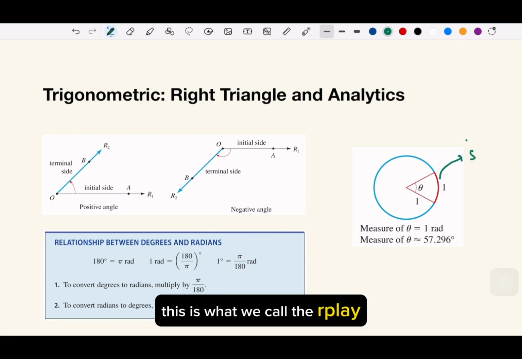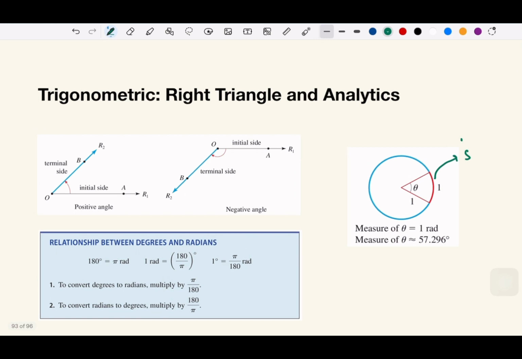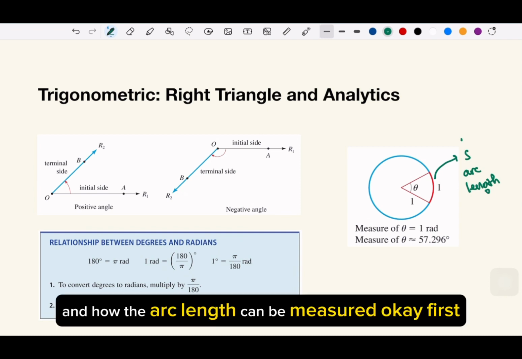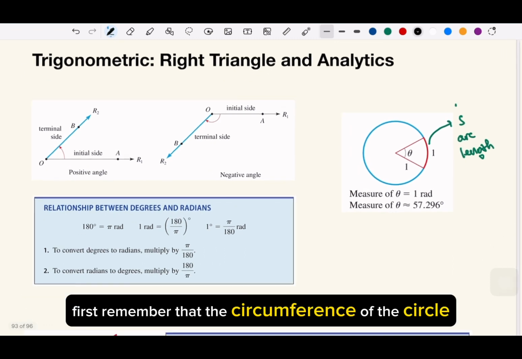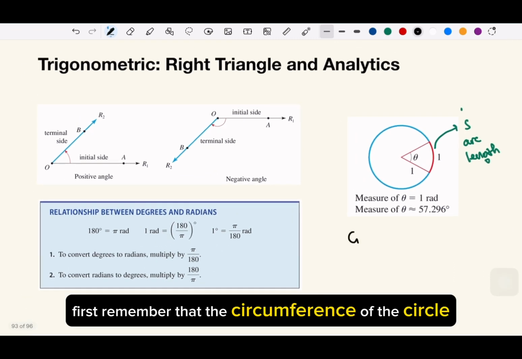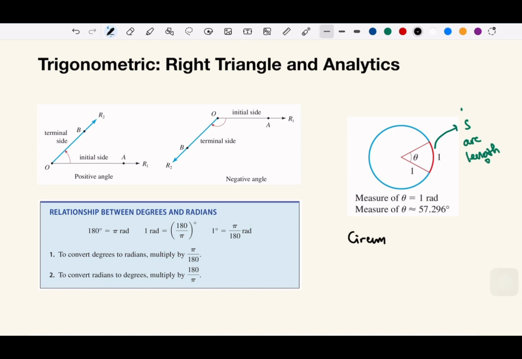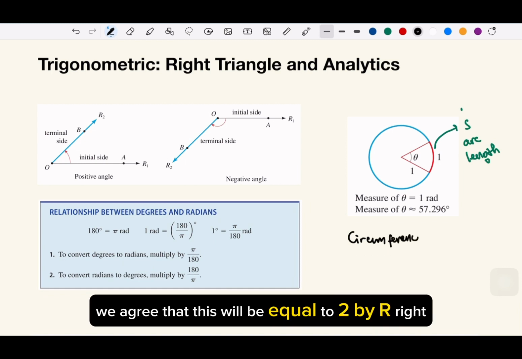This is what we call the arc length. And how can the arc length be measured? Okay, first, remember that the circumference of the circle, we agree, will be equal to 2 pi r, right?